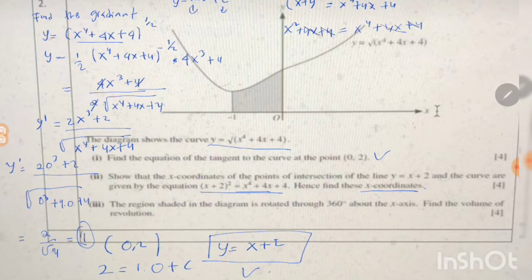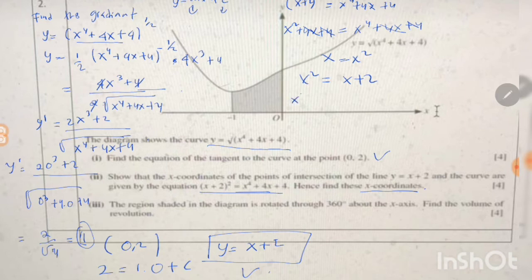So it means that you can cancel this, so you have x equals x². So by x equals x², our x is equal to x + 2, so it means we have x² equals x + 2.